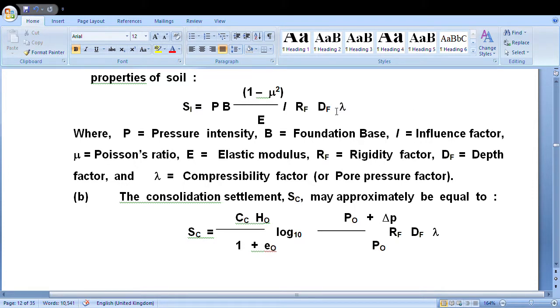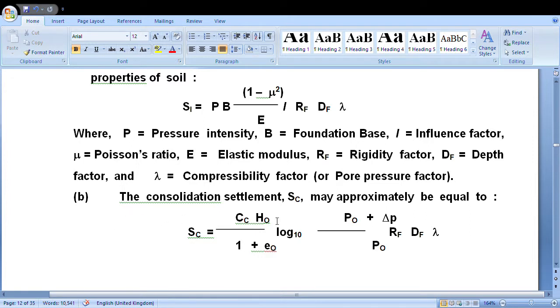And lambda is the pore pressure coefficient, which is based on the pre-consolidated state of the soil, which we can calculate from consolidation pressure, or there are some standard tables which give almost similar values.